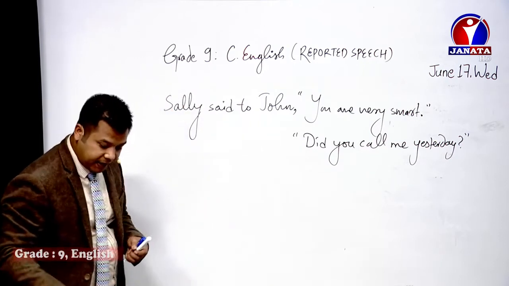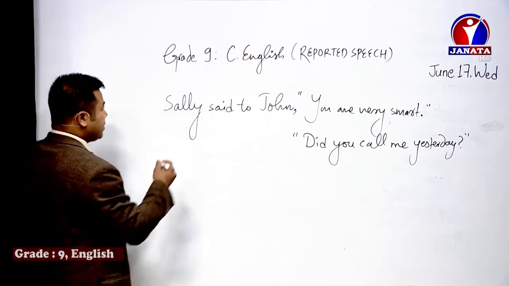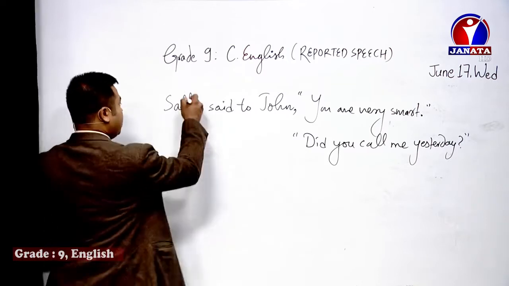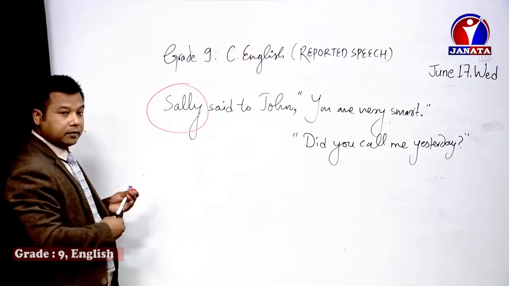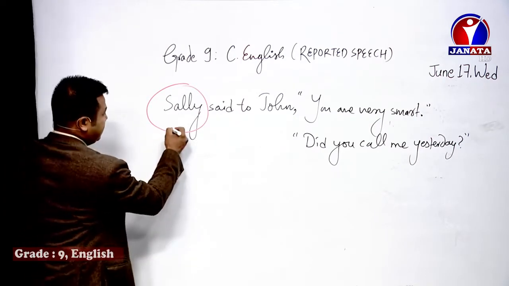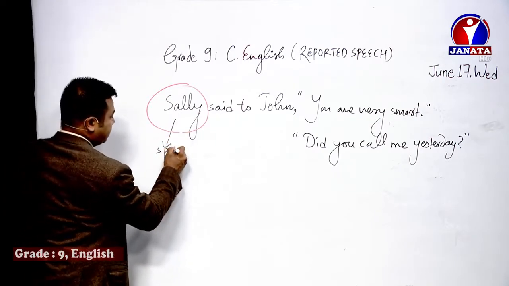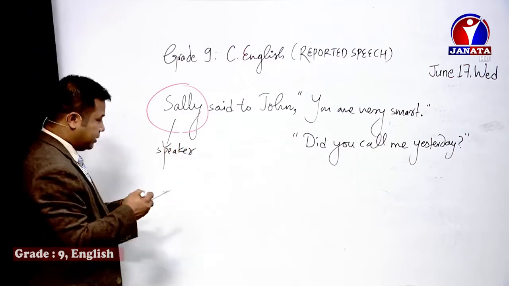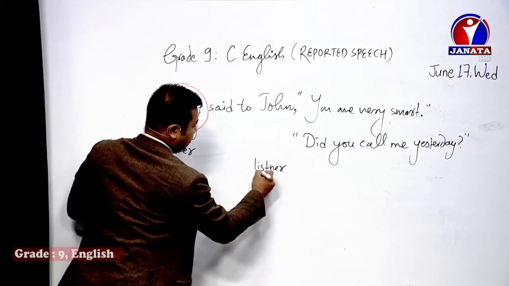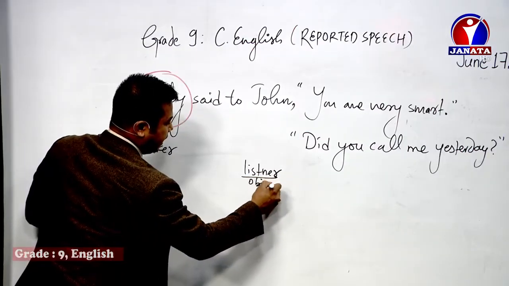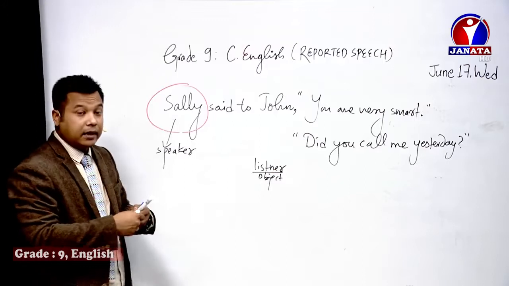Now, the basic idea of reported speech is that in every example, we need to identify the speaker. Sally is our speaker. She speaks in the sentence. Now, who is John? John is the listener, or let's say we can understand this as a listening object.